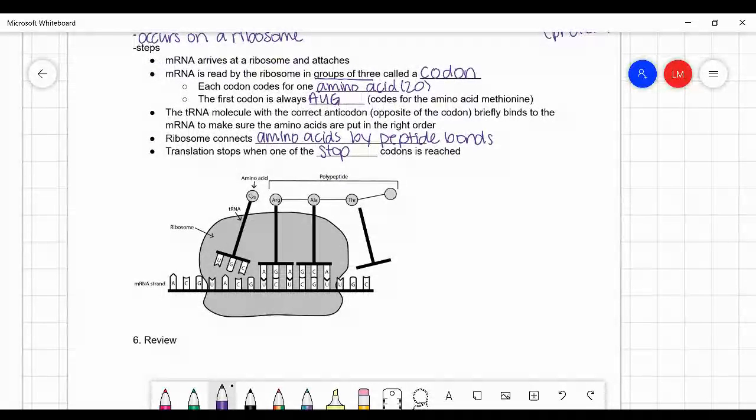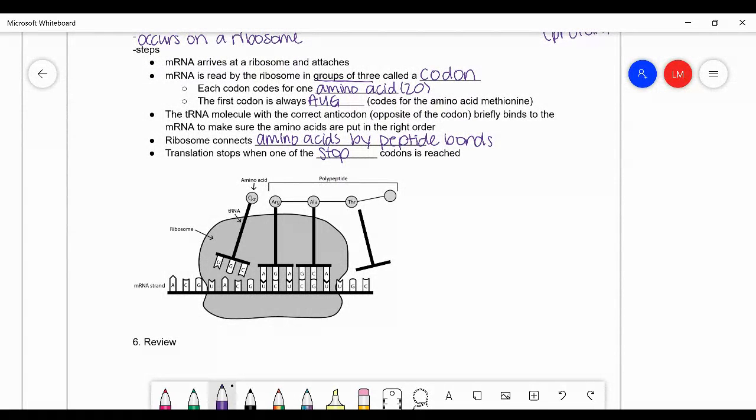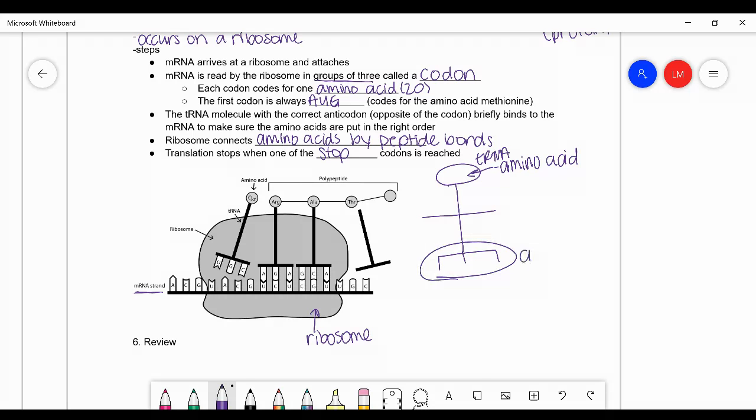So here is a picture of what that is going to look like. This gray piece here is our ribosome. This is our mRNA strand right here. And then these little tRNAs you can see. Here, let me draw a picture. Here is our tRNA molecule as an example. This top part has the amino acid on its head. And the bottom is called the anticodon.